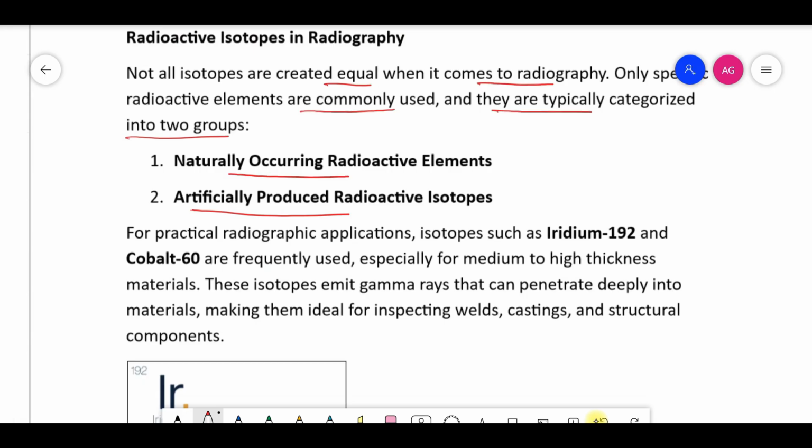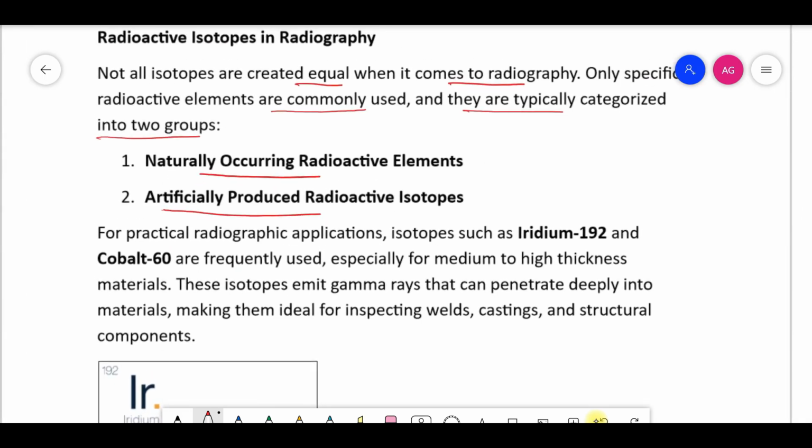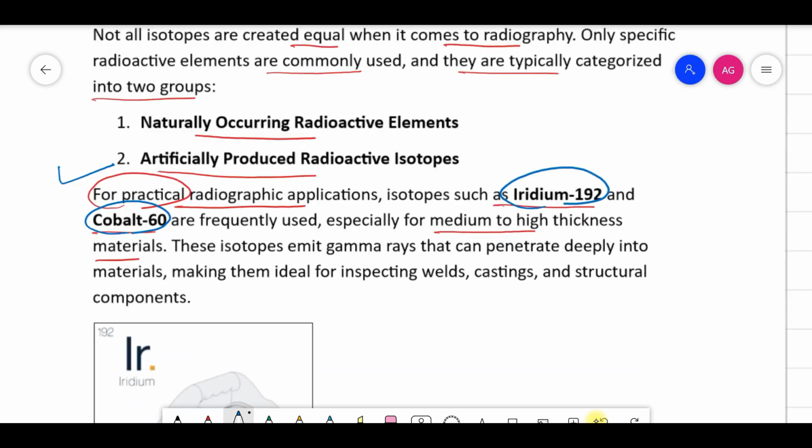So let's talk about natural elements. For practical radiographic applications, isotopes such as iridium-192 and cobalt-60 are frequently used, especially for medium to high thickness materials. So practically we use cobalt-60 and iridium-192, these are artificially produced. Right? Keep this in mind.